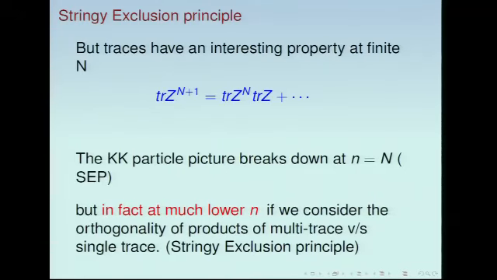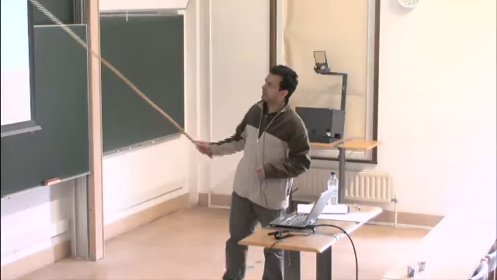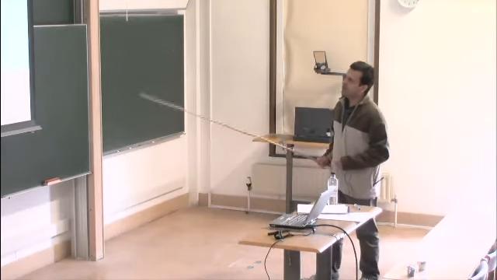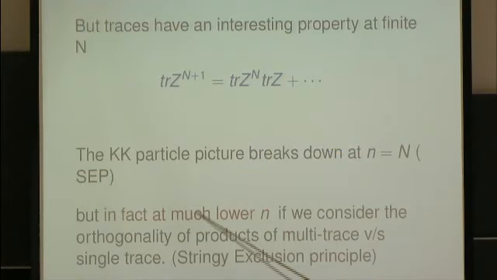You have identities because it's an N by N matrix. Trace Z to the N plus 1 is trace Z to the N times trace Z plus dot dot dot. For example, if N equals 1, trace Z is just Z, and Z squared is Z times Z. So you can't distinguish traces and multi-traces when the powers are comparable to N. So clearly this Kaluza-Klein picture of gravitons should break down at n equals N, but in fact it breaks down much lower.